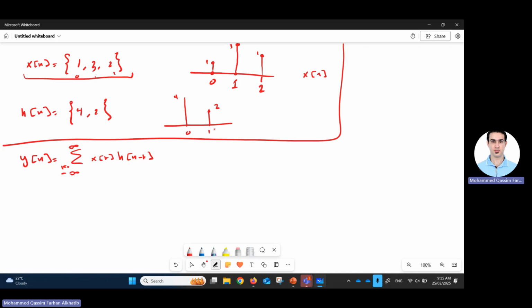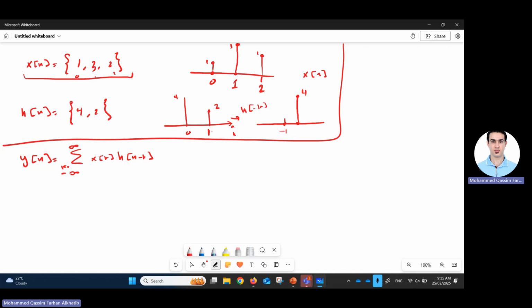All right, so the first thing to do is to find h of negative k. Now this is no longer my index, it becomes k. The time reversal version of this: at 0 it's 4, so at 0 it remains 4. At 1 it was 2, so at -1 it becomes 2.